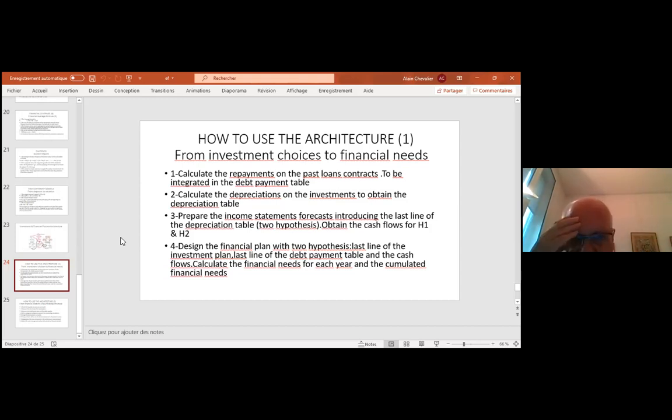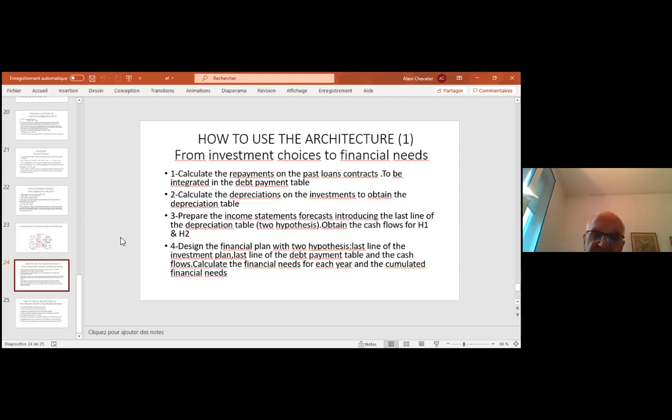The last line of the investment plan is very useful for you and will be introduced into the financial plan. The last line of the debt payment table, or repayment table, also, and of course the cash flows.